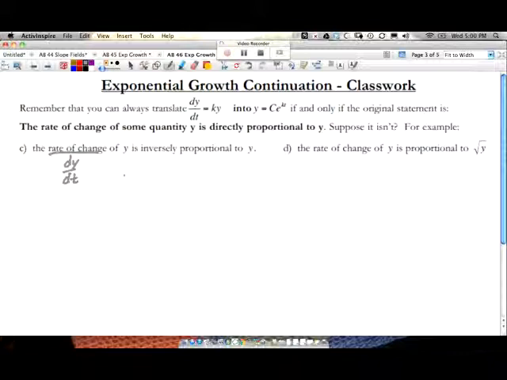Let's break this down. Proportional means it's k times y. But if it's inversely proportional, that means we're really looking at the reverse.